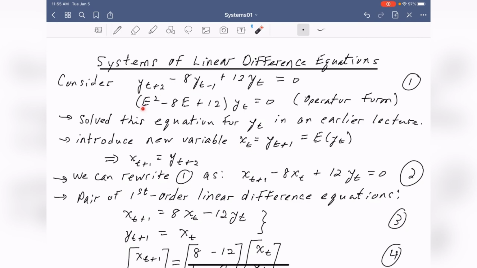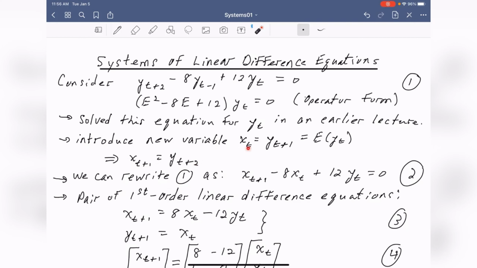In operator form, this is expressed as (E^2 - 8E + 12) y(t) = 0. We introduce a new variable, x(t) = y(t+1), which in operator form is just E y(t). So we call it x(t+1) = y(t+2).